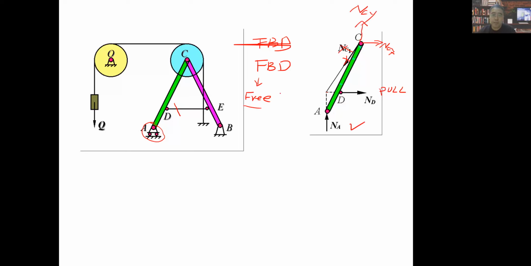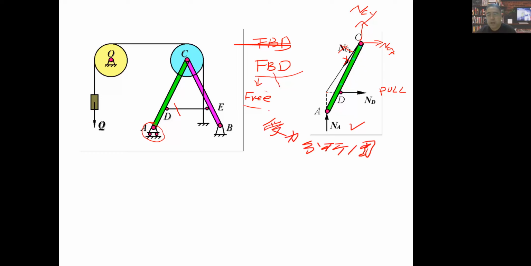So that is how we do the force analysis of this single body AC, and this is called the FBD, free body diagram. The second B means body, D means diagram. That whole picture is the diagram. We call that in Chinese 受力分析图.